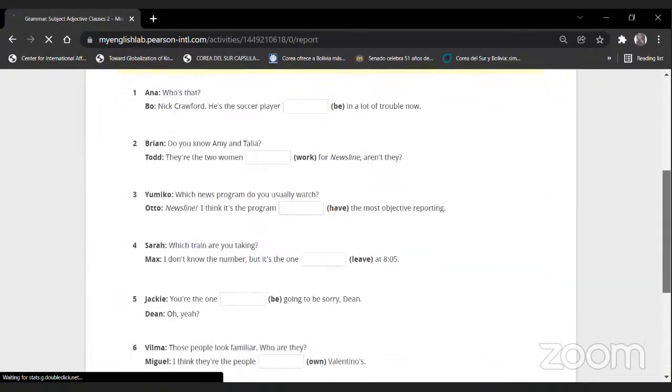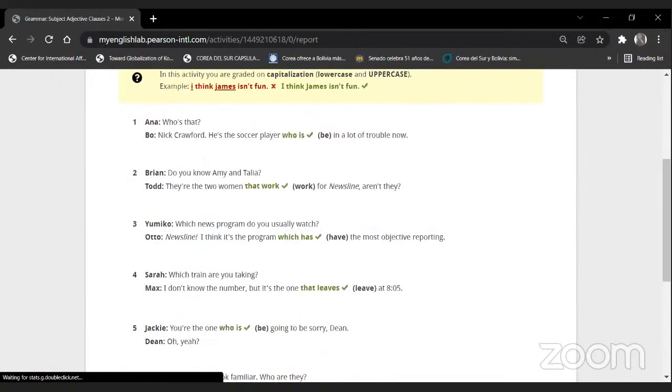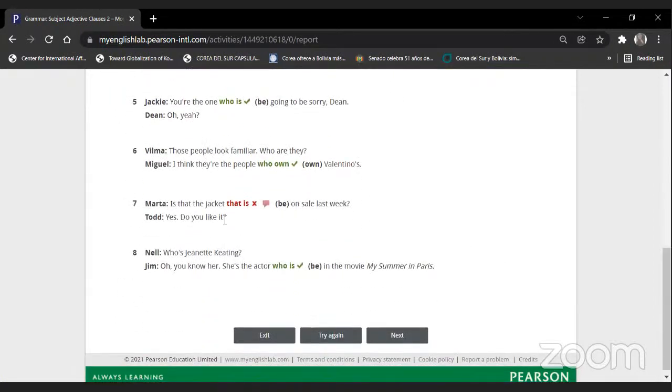Okay, only one mistake. Where is the mistake? In this case, why? Let's see in the complement. Why do you think this is incorrect? It's the jacket that. Maybe in future.